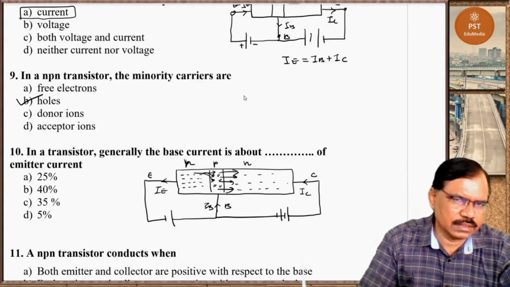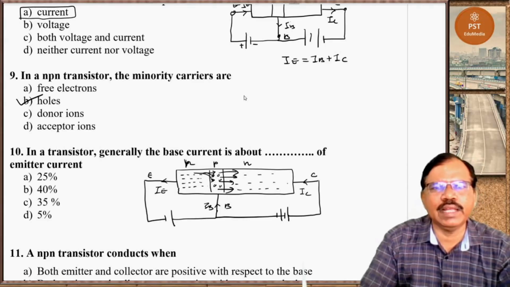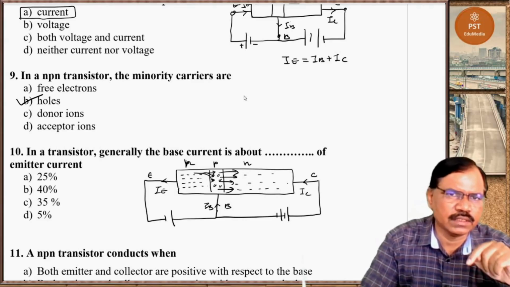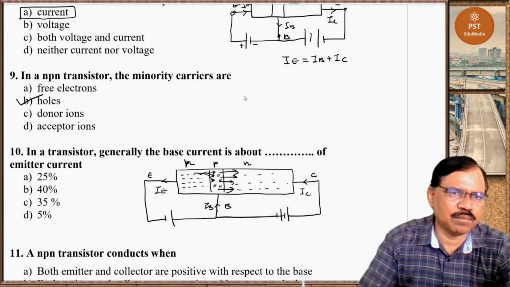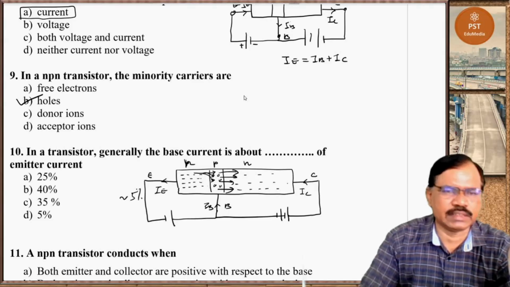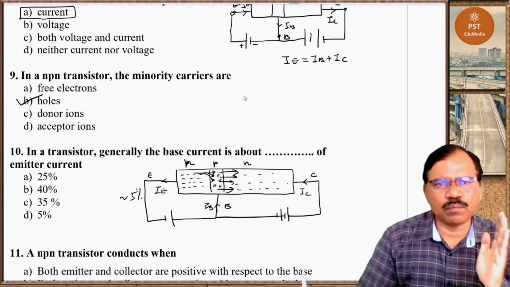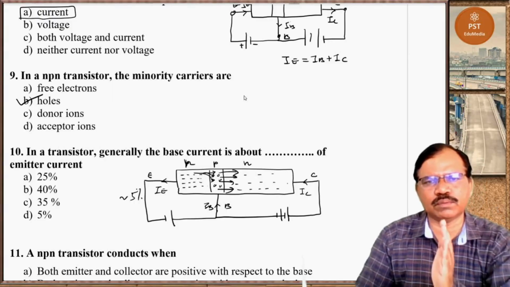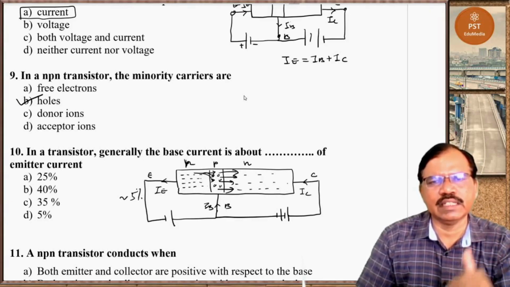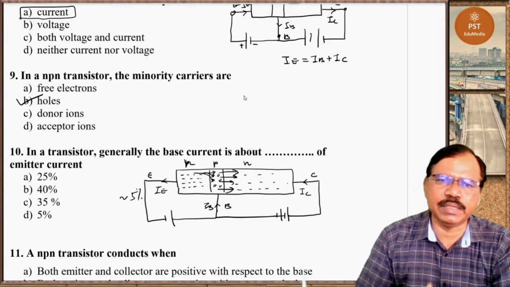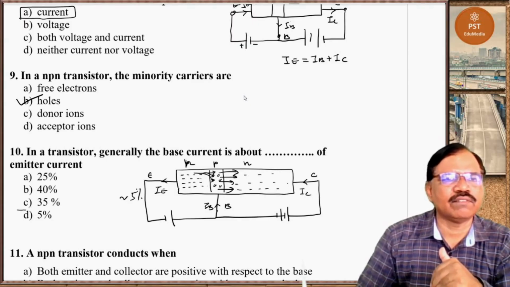Since base is lightly doped and thin in size, very few electrons recombine with holes in base, giving out base current, and that is about 5%. So out of total electrons that go from N region towards base and collector, only near about 5% recombine with holes in base region and give out base current. So it is 5%.